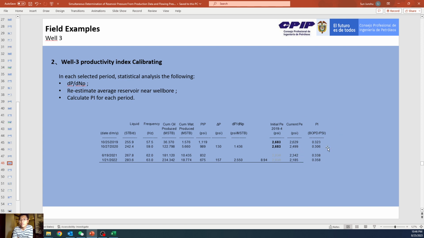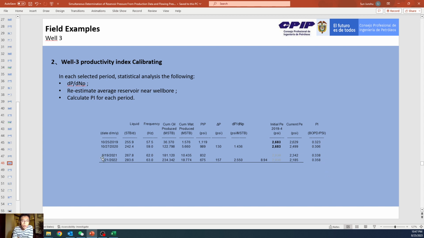Then we can calculate the PI is around 0.3 barrels per day per psi.